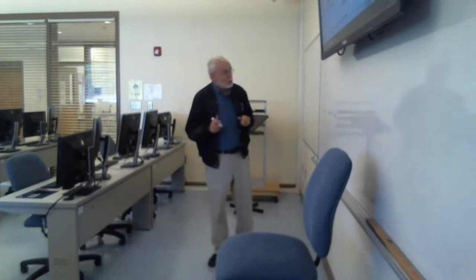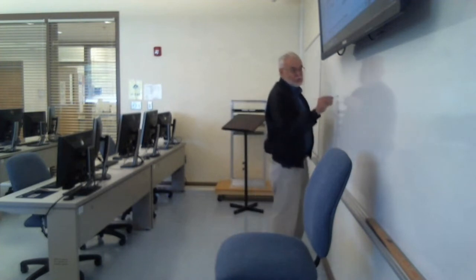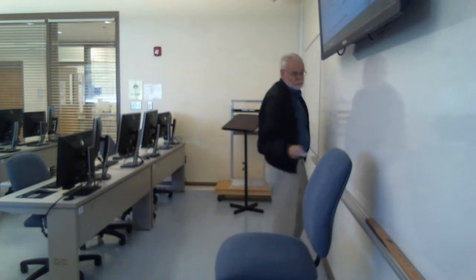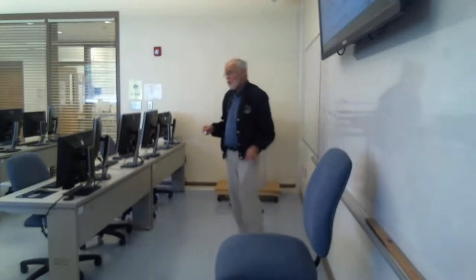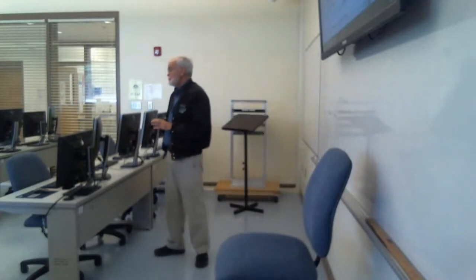The data link layer, first off, is a unique layer, and I don't have it mentioned up here, but this layer has two sublayers. It's the only layer that gets split into sublayers.